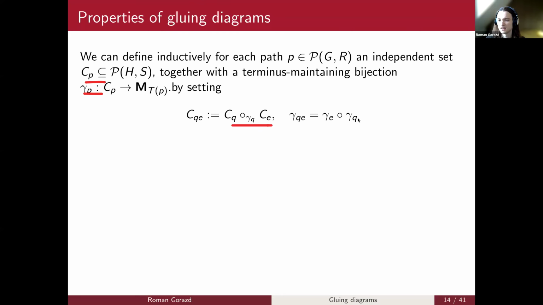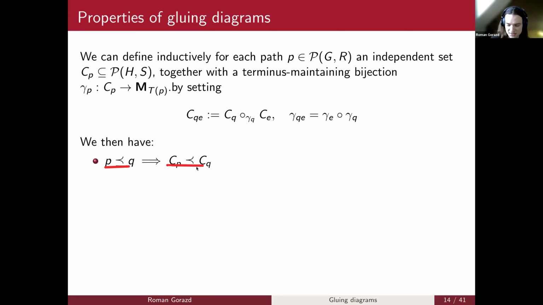Here again, we look at gamma Q to be a function to expand it on the path space. So this does make sense. And then we can show that if the paths are prefixes of each other, the independent sets lie under each other.